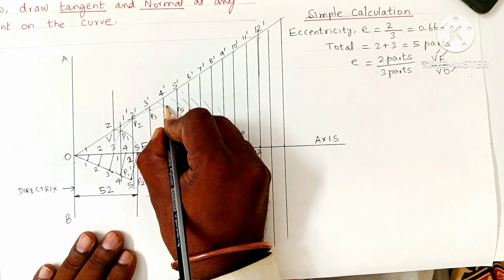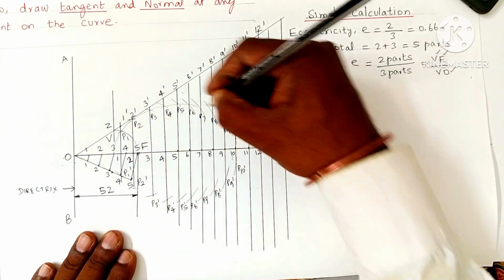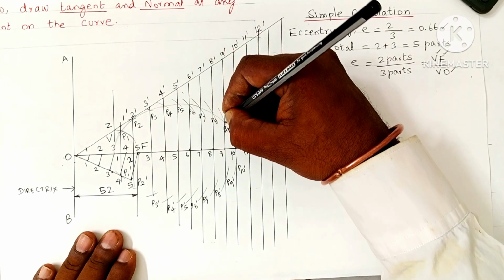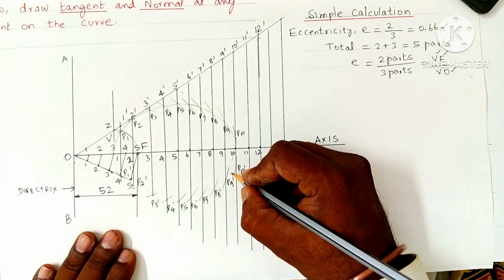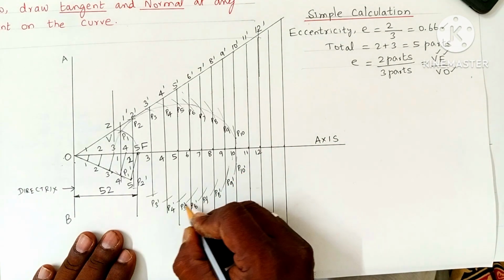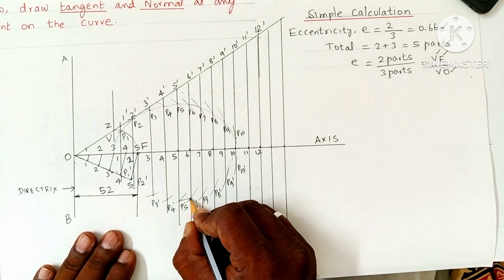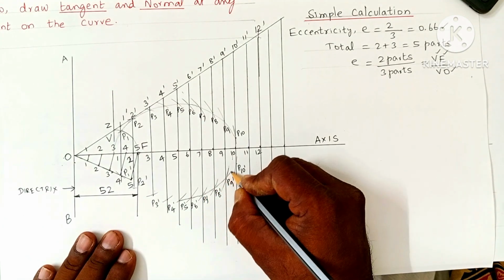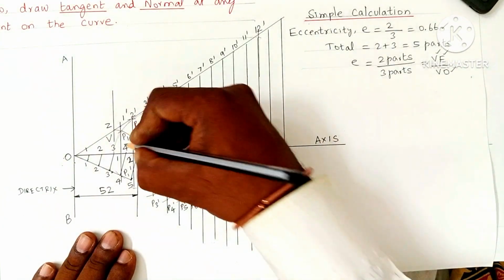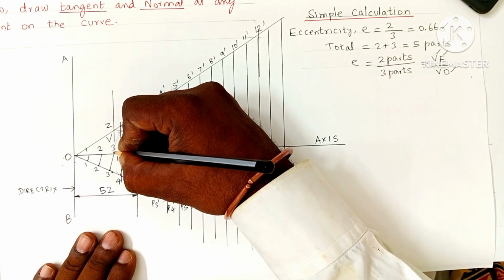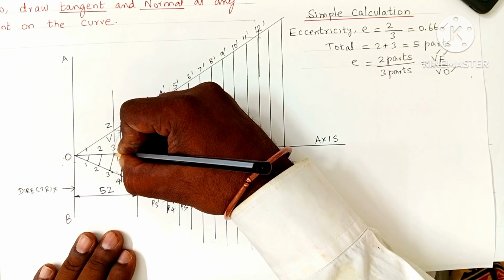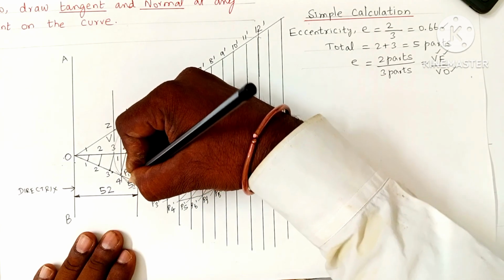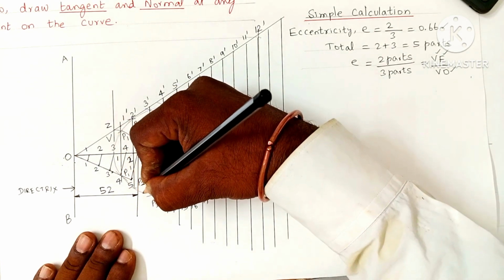Draw a smooth curve passing through these obtained points, up to 10 as we marked, and below the axis also. Join with vertex V. Join V with P suffix 1 dash, 2 dash, P suffix 3 dash.